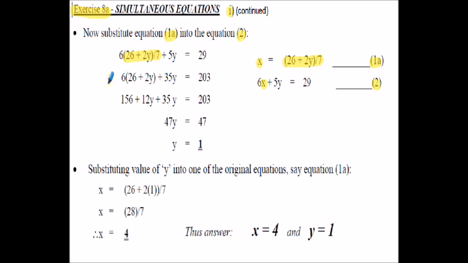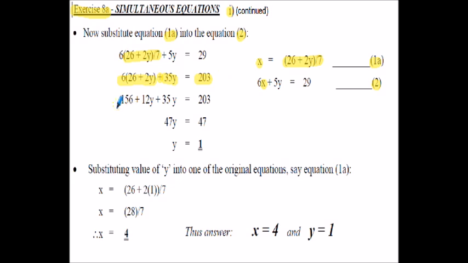So what I've done on the next line is to get rid of the 7 in the denominator. I've multiplied throughout by 7, so every term got multiplied by 7. So I get 6 times in brackets 26 plus 2y, the 7's cancelled because I've multiplied by 7, but I've got to multiply the other terms by 7, so I get plus 35y, so that's 5 times 7, and that's equal to 203, which is 29 times 7 on the right hand side.